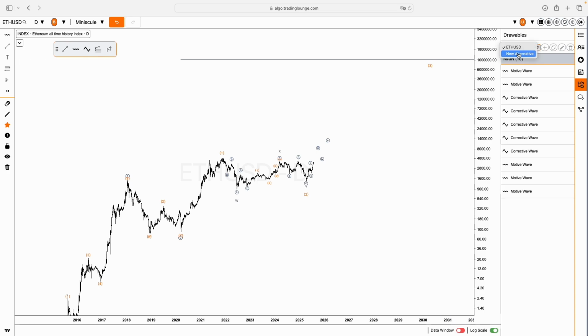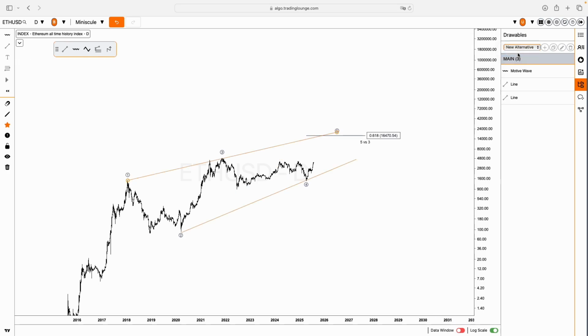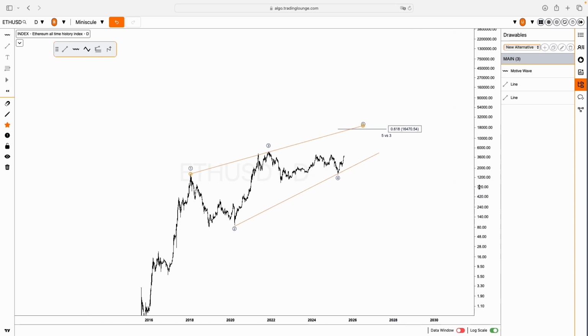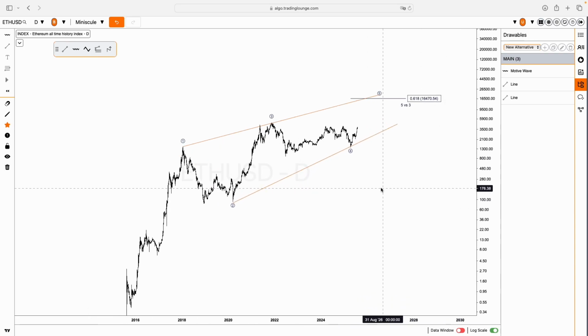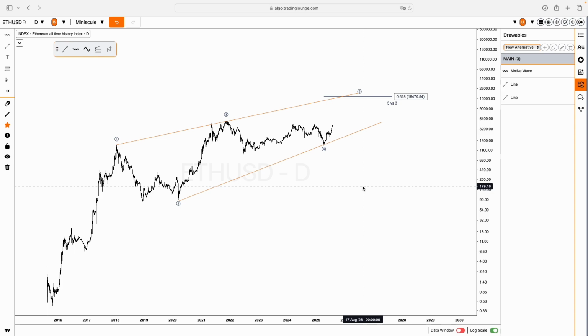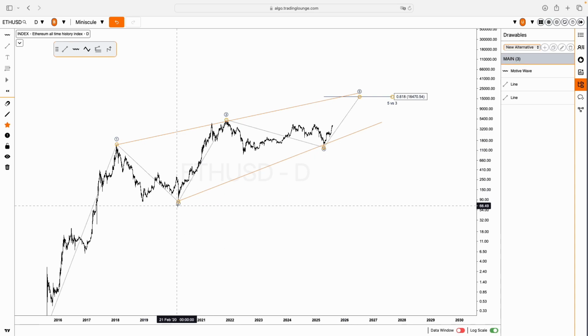Okay, now what are the pros and cons of each count? With this one, actually, it's very nicely posed. We have a nice proportion between 4 and 2, meaning that, as you guys know, I always say it, but it's not me saying it, it's Elliott. Correction of the same degree will tend towards equality.